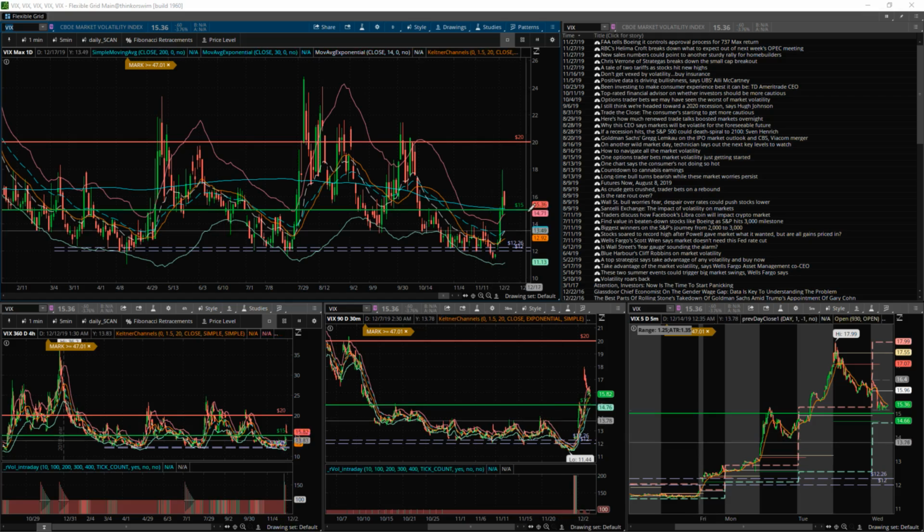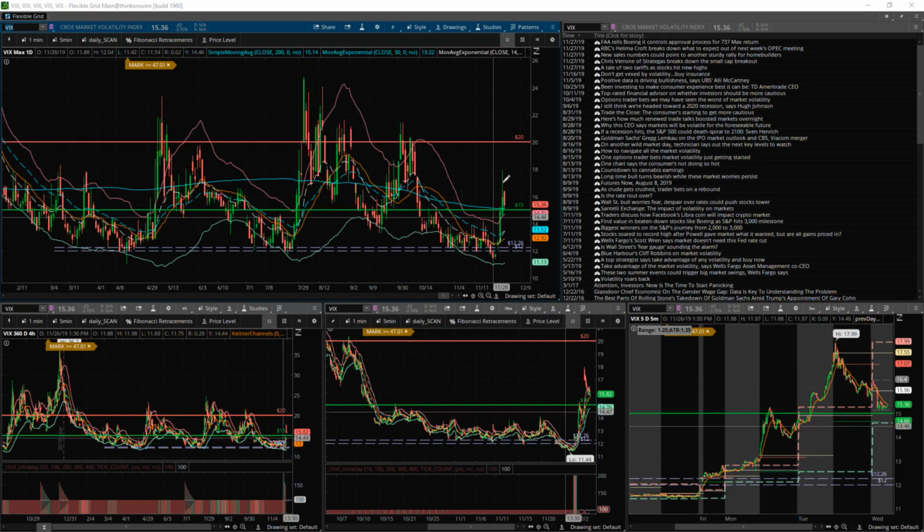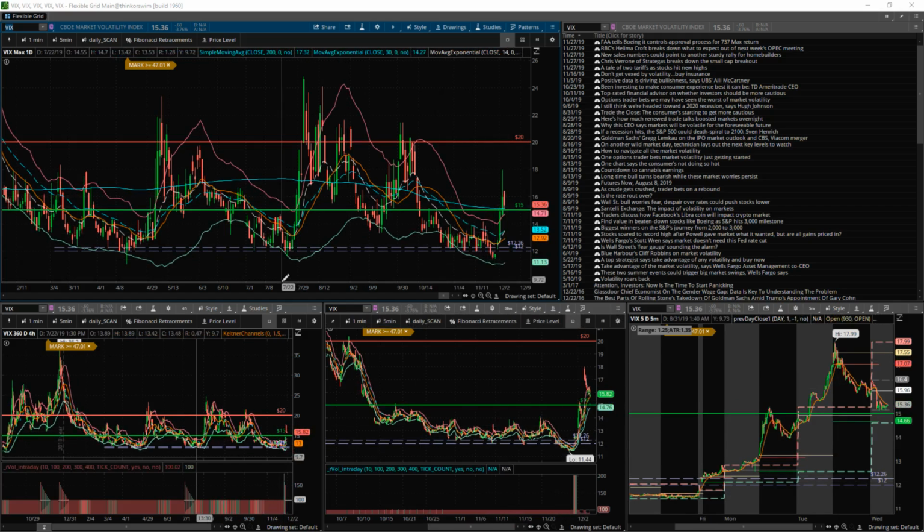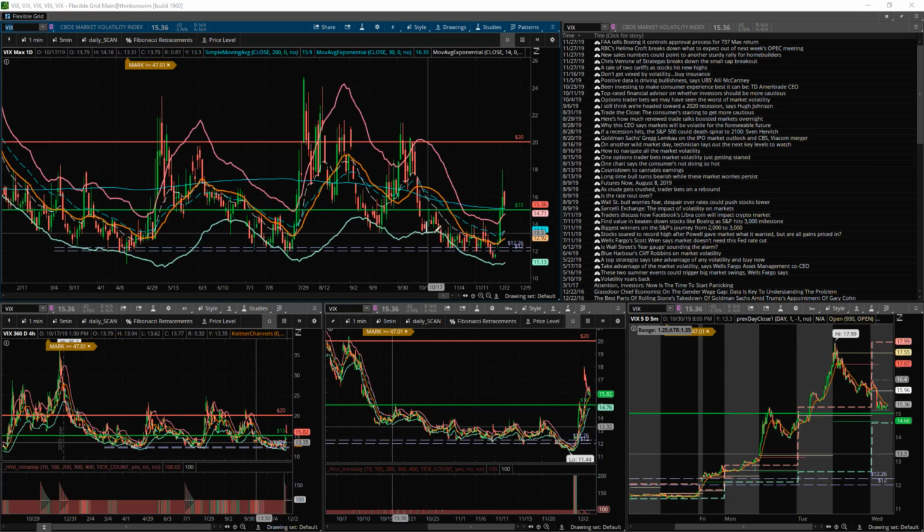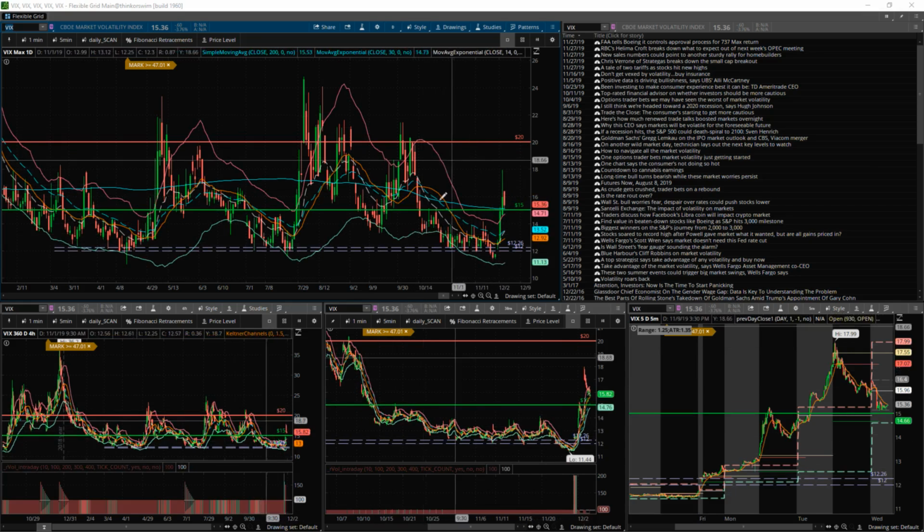But anyway, this is something you want to monitor in the future, because the VIX also has an influence on options pricing. The VIX itself, but volatility as a whole, implied volatility, is a really big factor in options. That's why I prefer buying puts and selling calls.